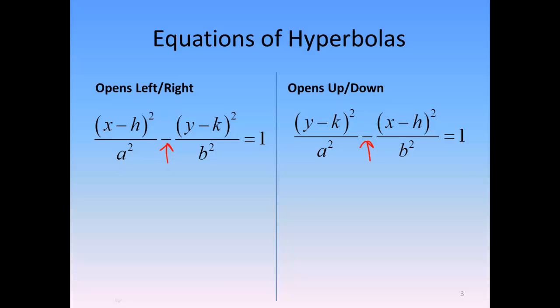Distinguishing left-right from up-down comes from which term is positive. When the x squared term is positive, it opens left-right. Opening up and down, you have the y squared term being positive.